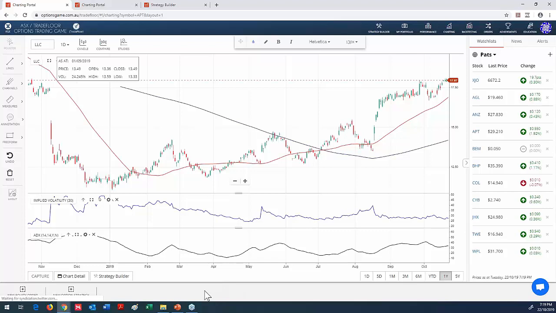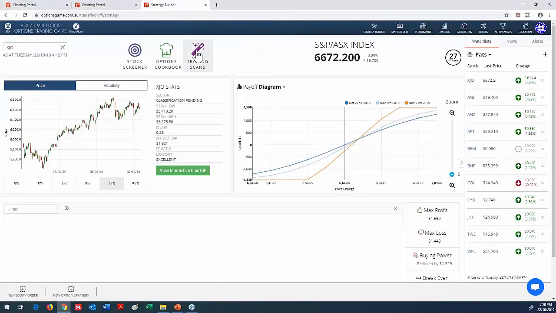For those of you that don't know, when Tim says lit long, we're referring to a breakout trade. It's one of the trading systems that we've back tested and had our quants look at in a lot of detail, and we've got a methodology for trading breakouts built into the system. If you're looking at the trading scans section, let's go into scans.